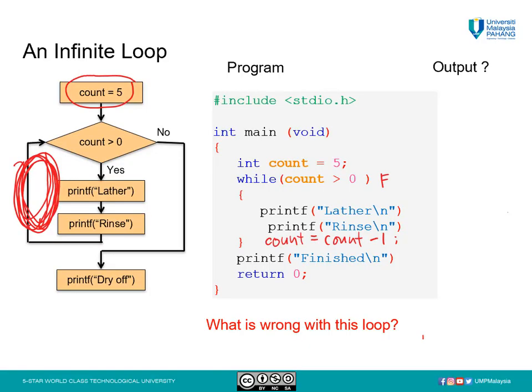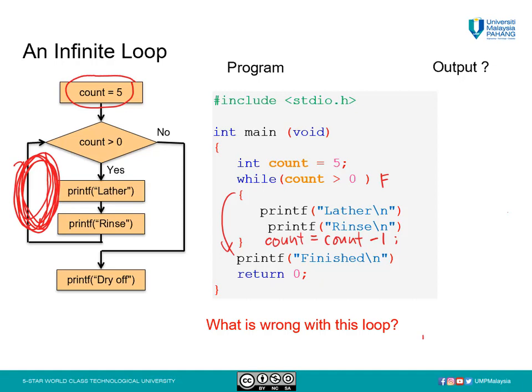This question becoming false gets us out of the loop. This variable that we use to control it is what we call the iteration variable, because it controls how long the iteration runs and when the iteration stops.